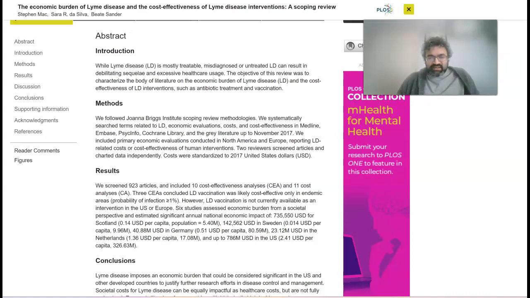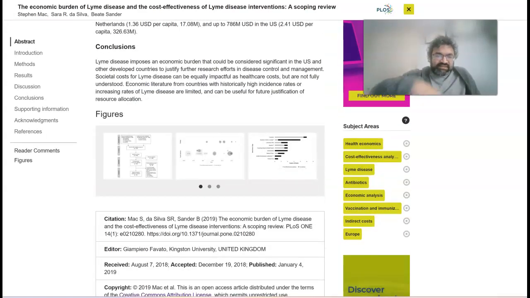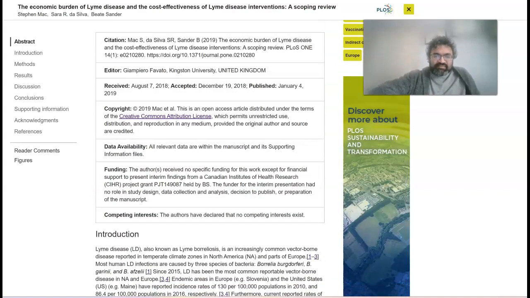So notice that even after spending more money than other places, the actual consequences don't go away. So that is Lyme disease.